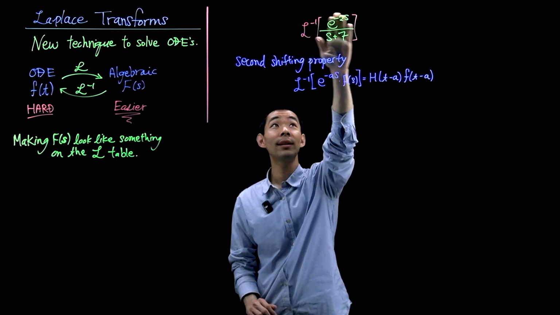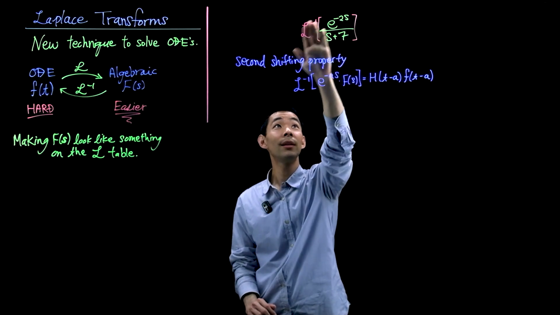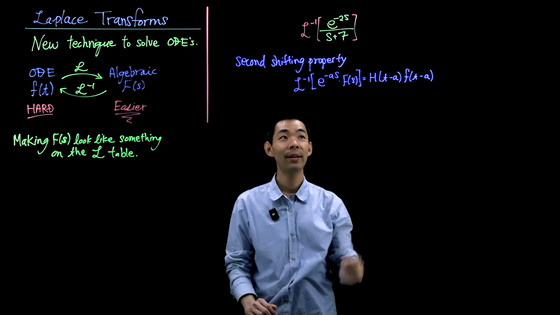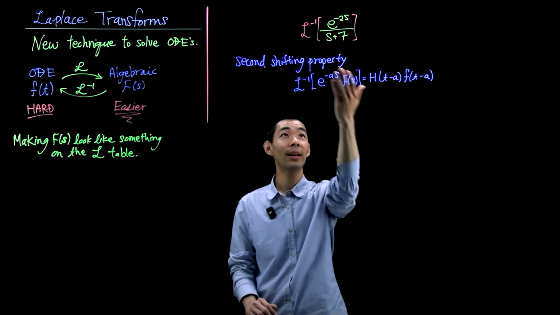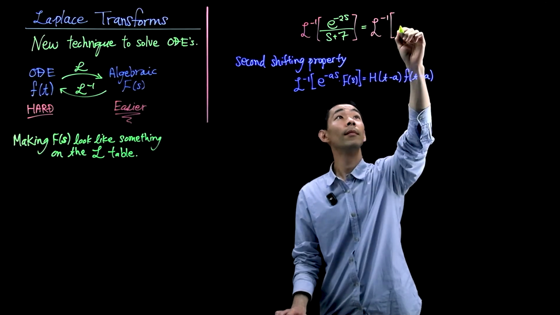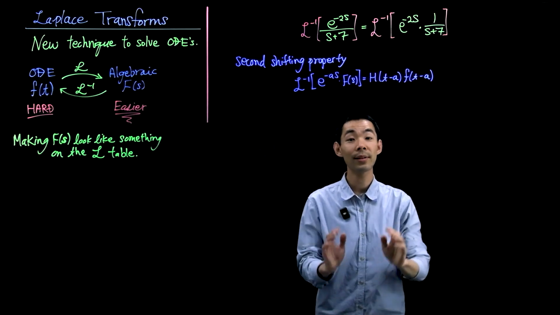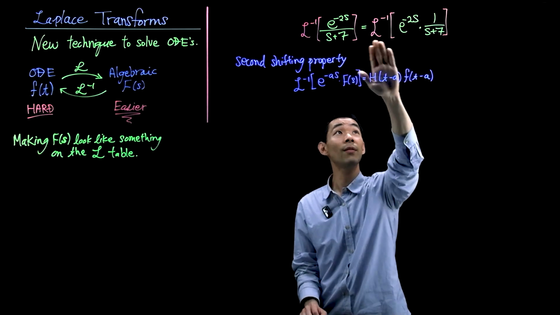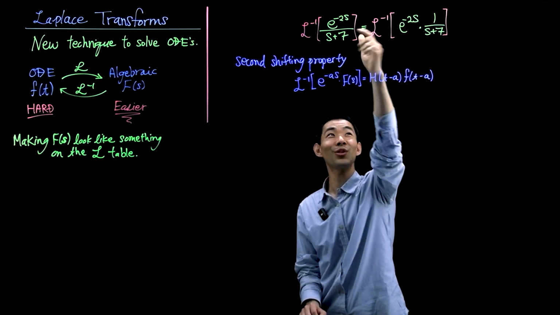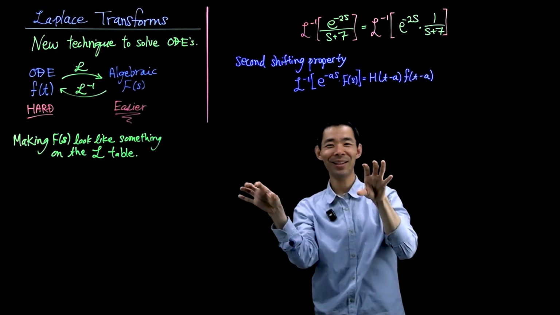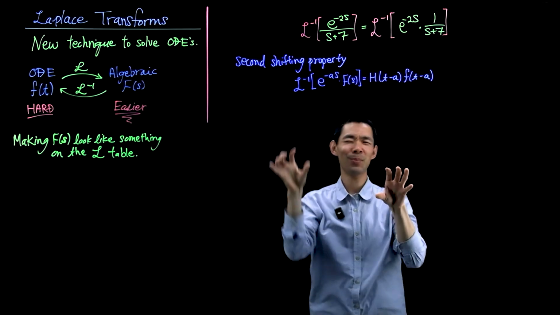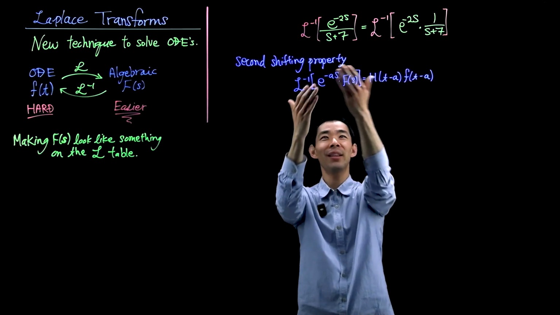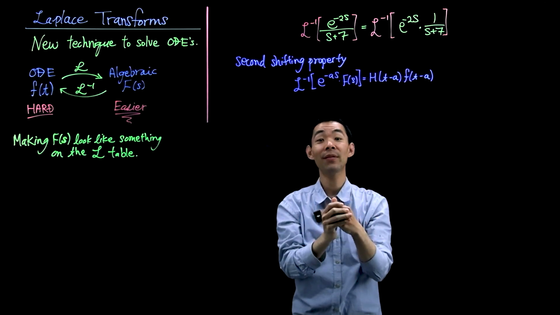So let's rewrite the term that we have into something that looks more like the form that we have here. Just like that. So you can see that we're trying to take the inverse of this. All I've done is to just bring the e to the negative s outside so that it looks more like the exact form that we have for the second shifting property.